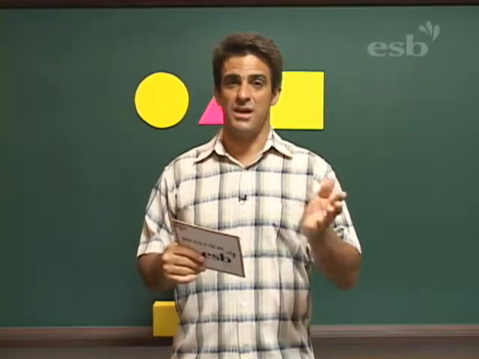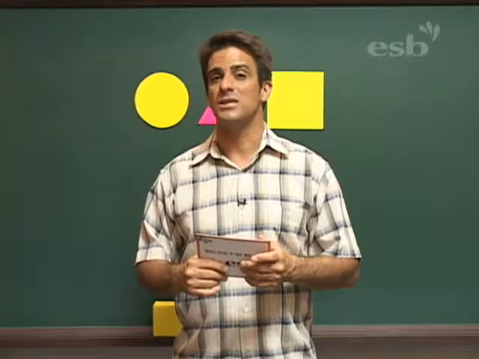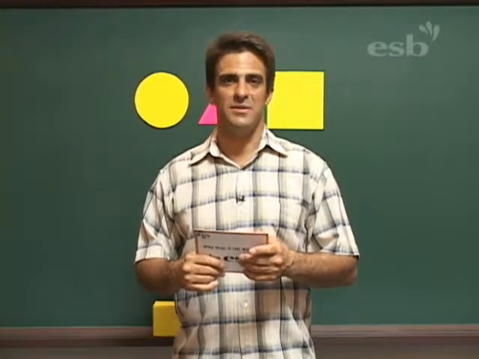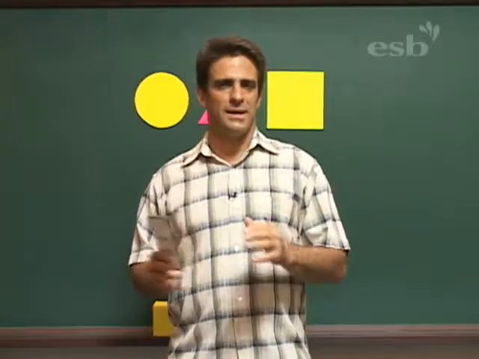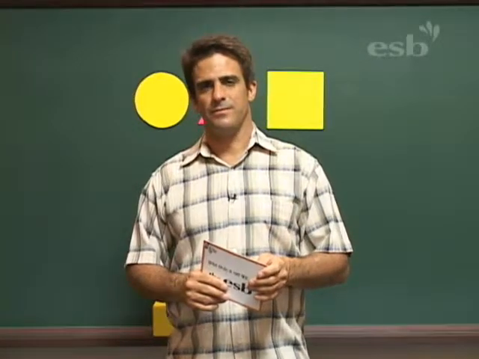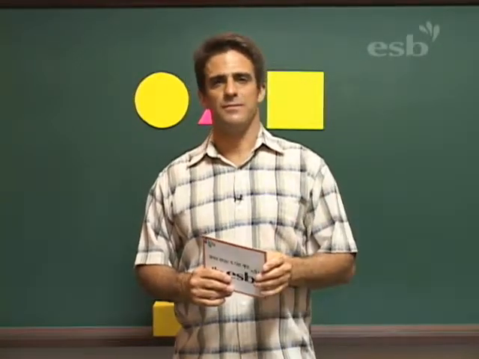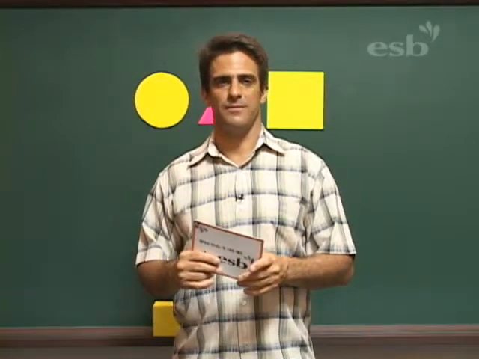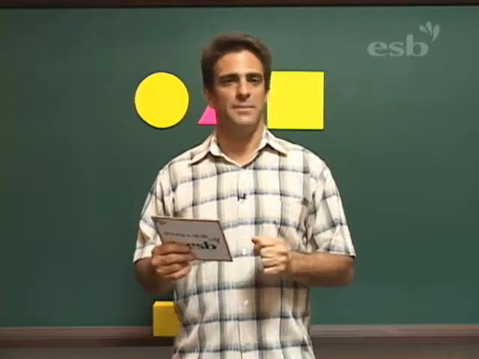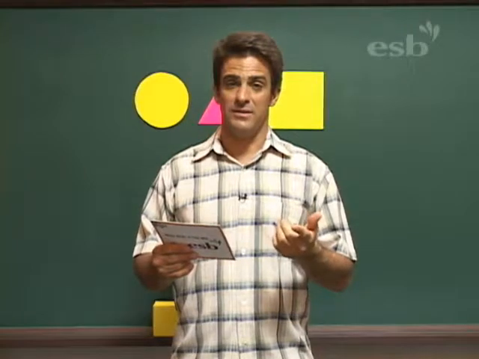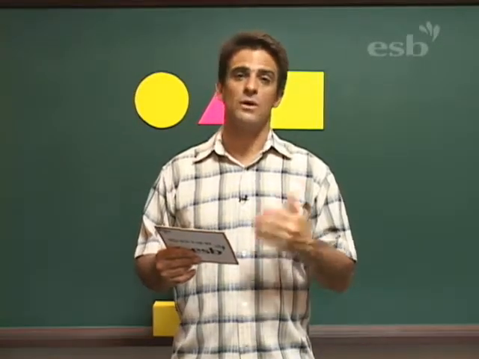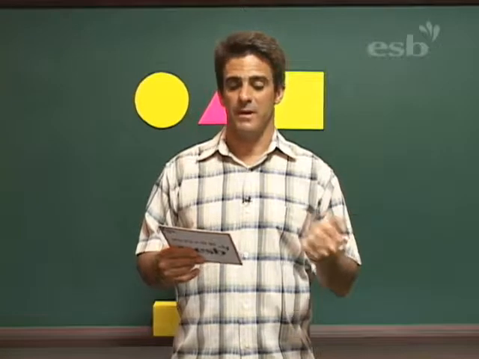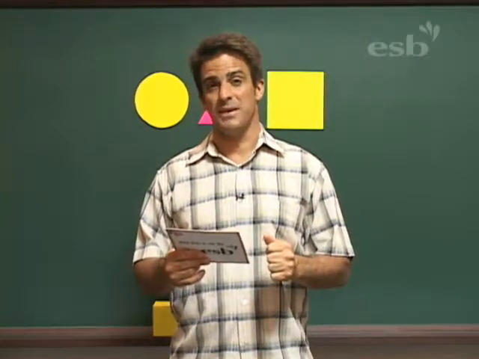That's the appearance. There are 2 basic kinds of shapes, flat shapes and solid shapes. Therefore, shapes can be flat or solid. Let's take a look at some good examples, okay?